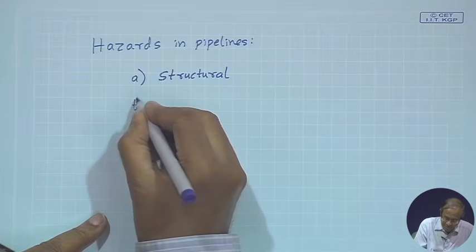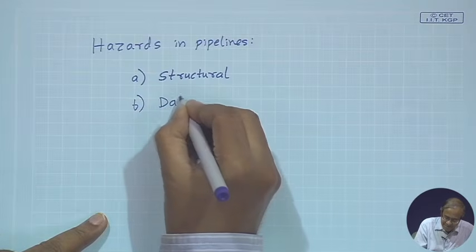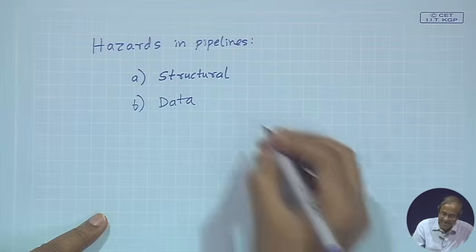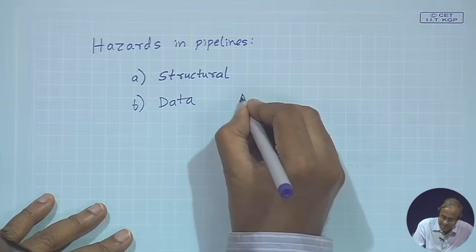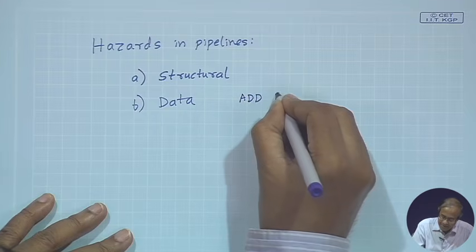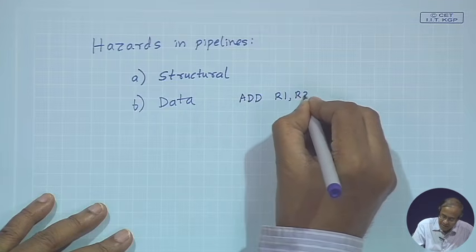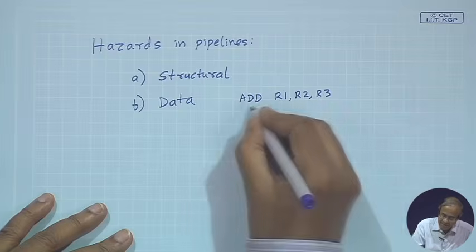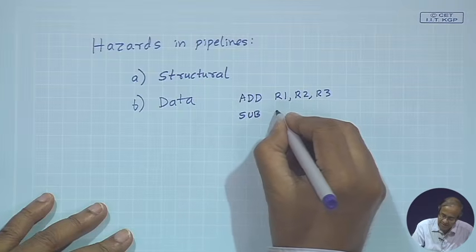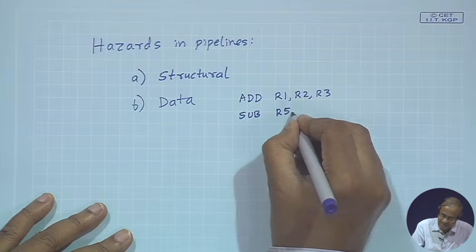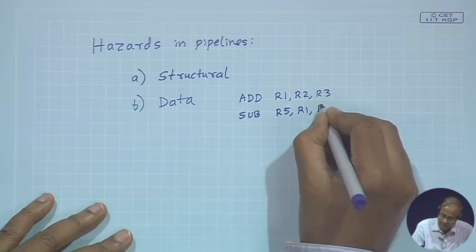There are other more important kinds of hazards, like something called data hazard. Data hazard can arise due to instruction dependency. Let us take some examples. Let us say I have an example, add R1, R0, R3, followed by an instruction, let us say subtract R5, R1, R3.